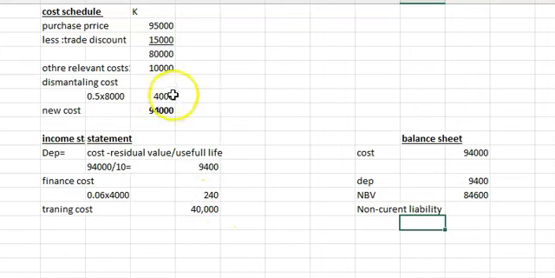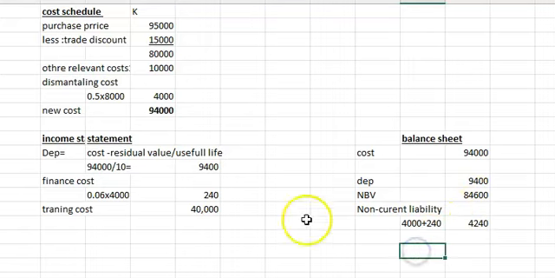This 4,000, it was discounted. We discounted the 8,000. So the dismantling cost becomes a liability. It's a non-current liability, so we're going to add that plus the finance cost as well, 240, will be part of the non-current liability. So in the end, we will have 4,240 as our non-current liability. So this is the answer to our question here.